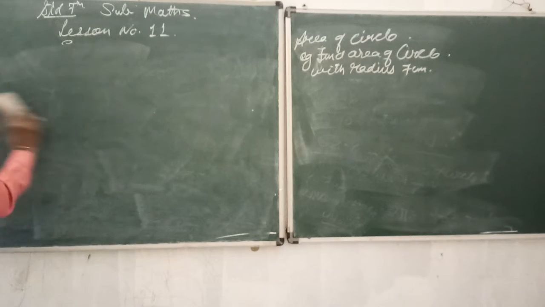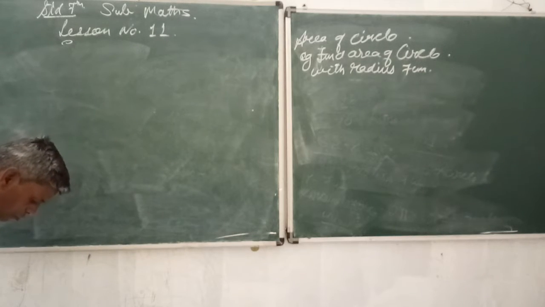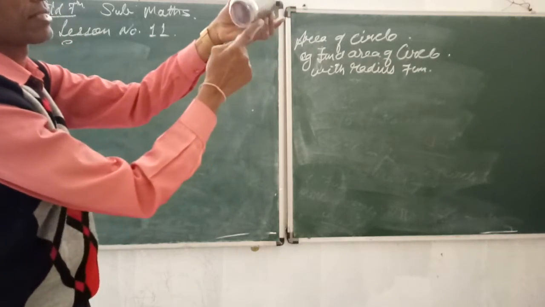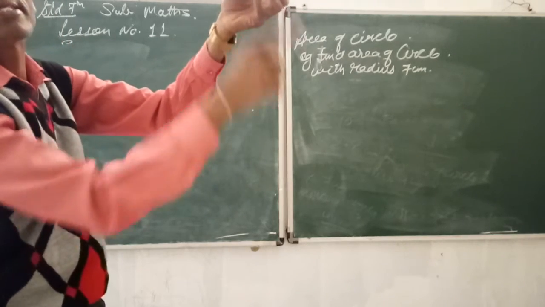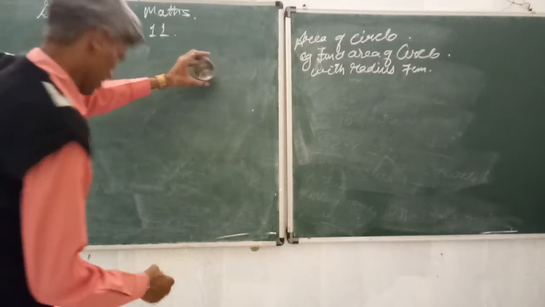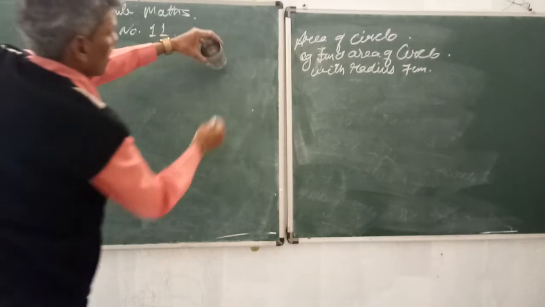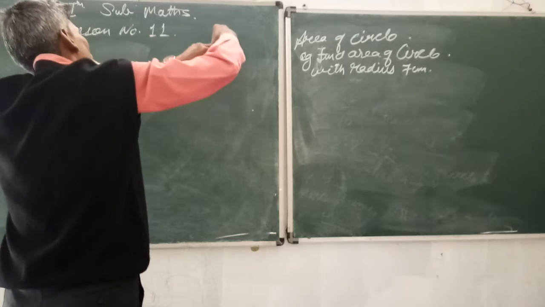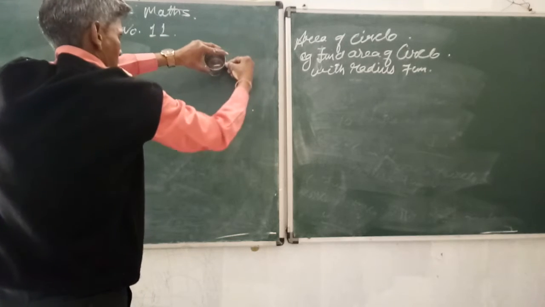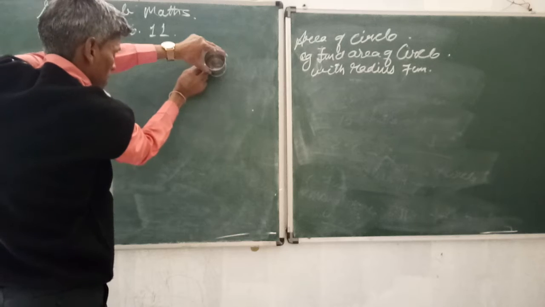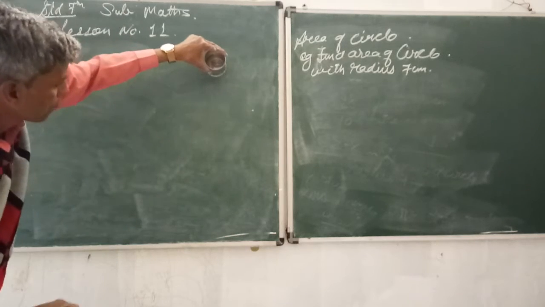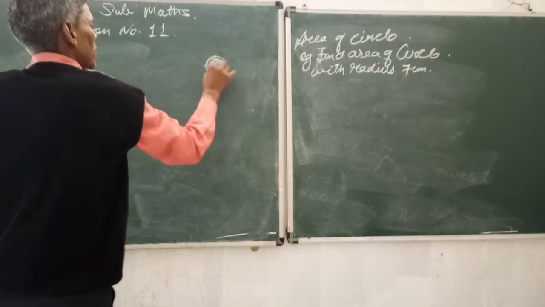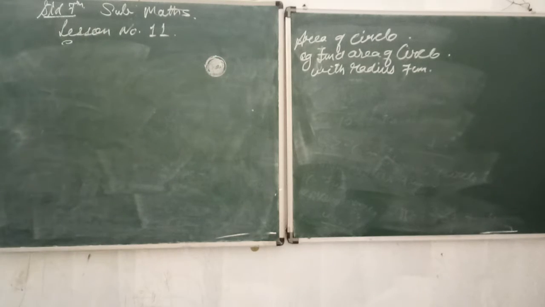We know that area is any space occupied. Suppose this is the base of a glass, which is circular in shape. If you put it here and draw a circle like this, it will be a circular object, and the space occupied by any object is known as area.